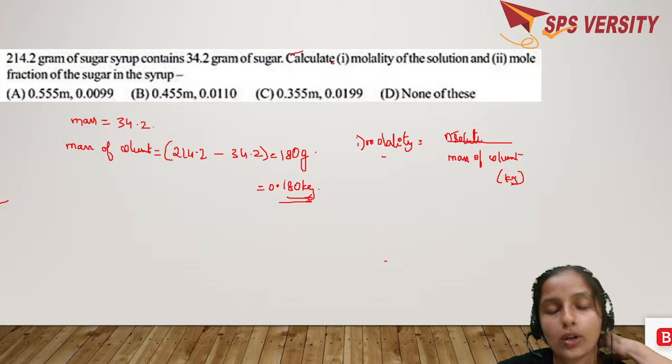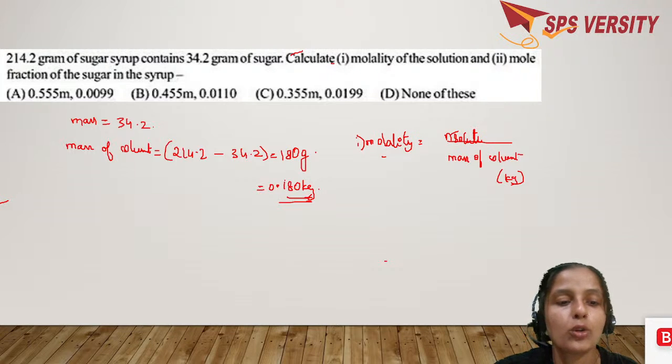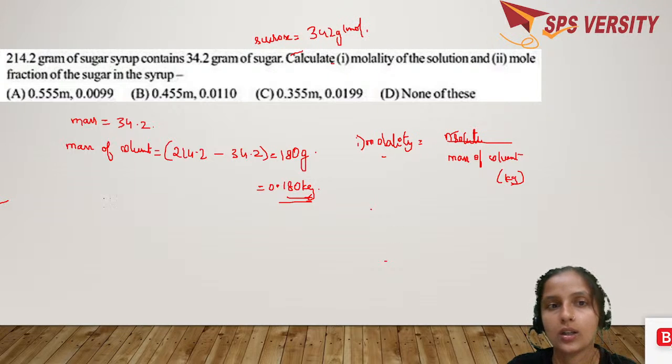Since this is sucrose, if you calculate the molar mass, this will be 342 gram per mole.